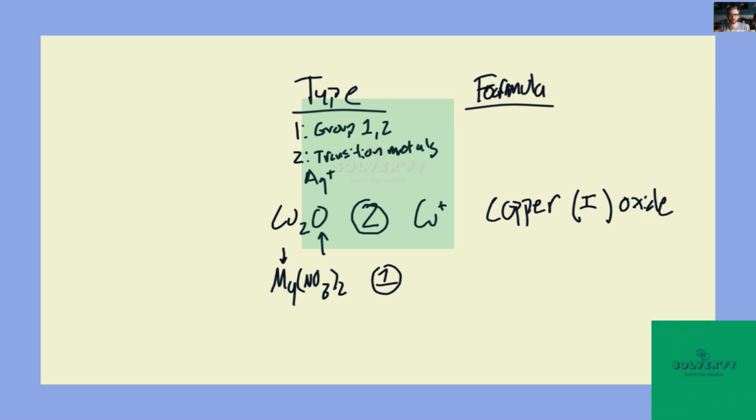Because we know that magnesium is in the second column of the periodic table, its charge is 2+, and it's always 2+, so we don't have to specify it in the formula. Anytime you see magnesium, it'll be 2+, so there's no use writing it out. So we can just write magnesium, and then the name of our polyatomic anion is nitrate.